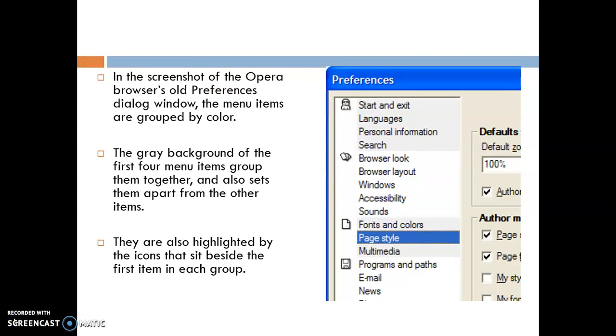This is also why so many designers prefer to use blue underlined links, or at least have all the links appear the same as each other. Similar appearance equates to similar function. Okay, the group background of the first four menu items groups those items together, and also sets them apart from the other items. They are also highlighted by the icon beside the first item in each group.